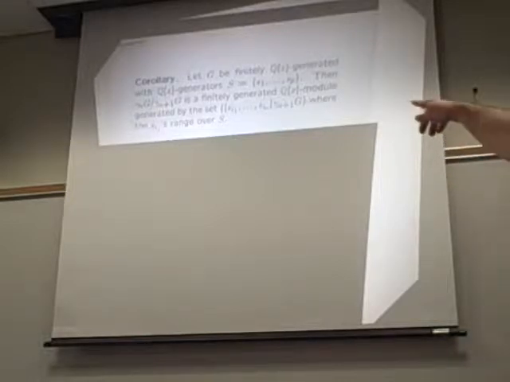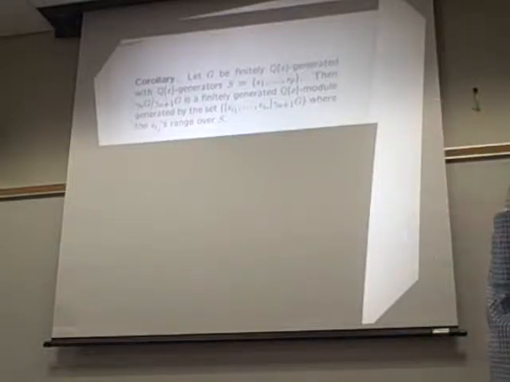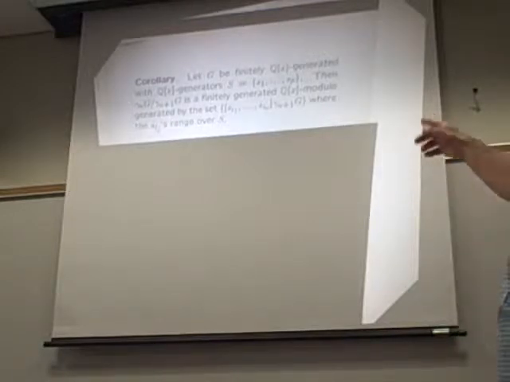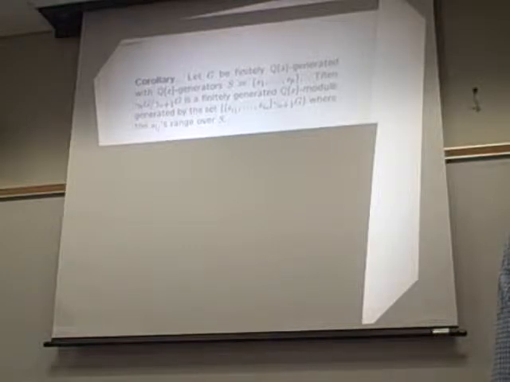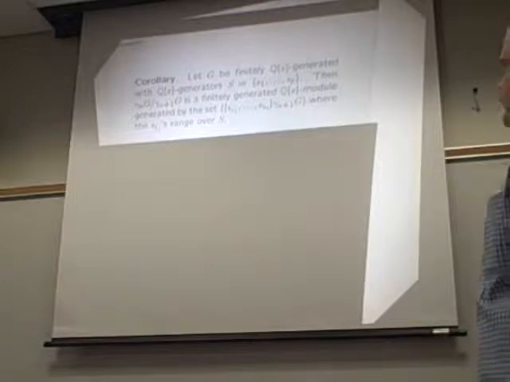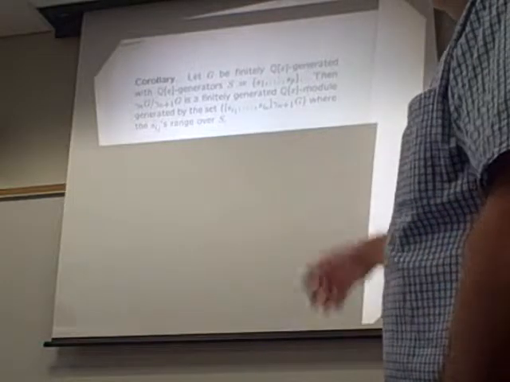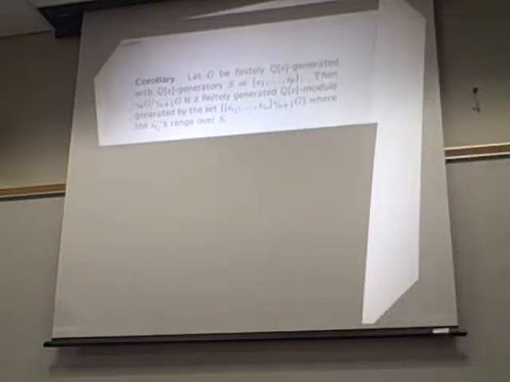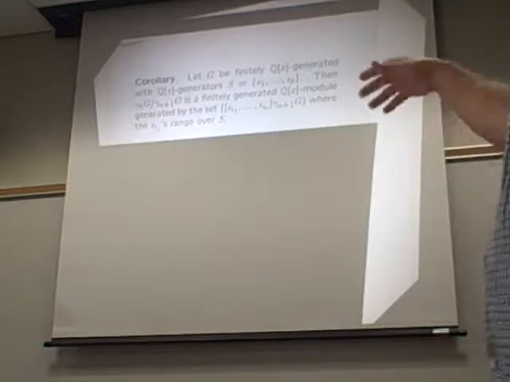Namely, it's the set of all of these commutators where each of the s's vary over S, modulo gamma n plus 1. So if you look at one of these factor groups, you now know what a set of generators would be. And this comes from the previous result, because remember that mapping was a Q-X epimorphism. So every one of the factor groups can be represented by one of these commutators.